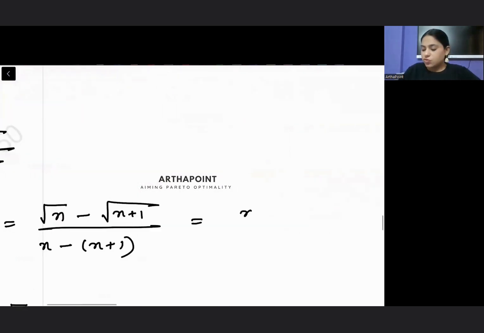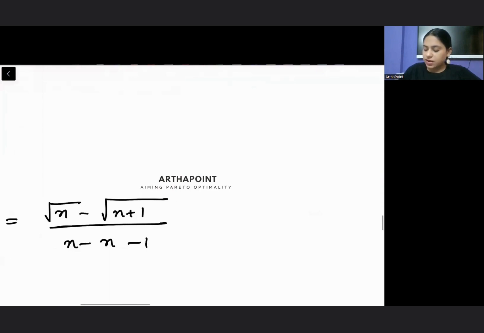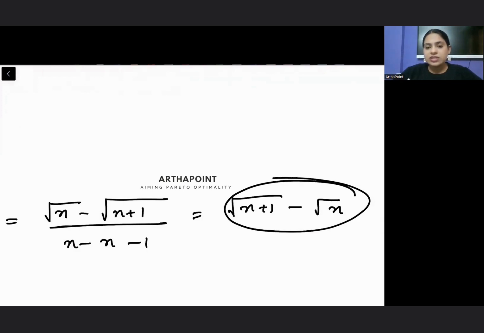So this is going to give me root n minus root of n plus 1 upon n minus 1. And this will be n plus 1 under root minus root n. Right? This will cancel out, minus will go in the numerator, and this will become this.